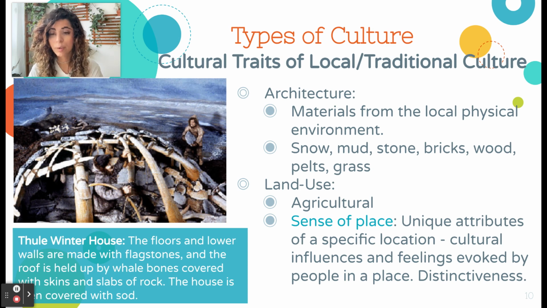The roof is held up by whale bones covered with skins, and also slabs of rocks, and the house is also covered with sod. So they are sourcing locally. This Inuit tribe and other Inuit tribes in the Northern Hemisphere, we see using similar materials to structure their homes.